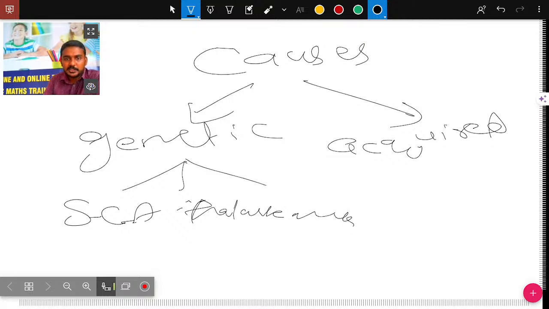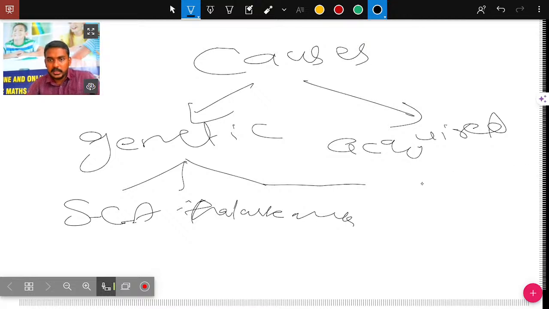I guess this is the actual pronunciation, I don't know, so don't give much importance to my pronunciation. Anyway, thalassemia. Then what else? G6PD deficiency. That is a very important cause among these genetic causes.